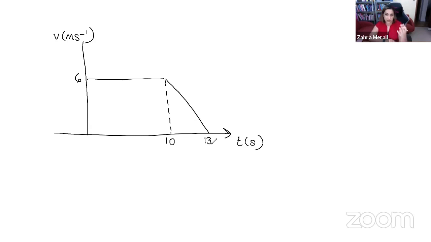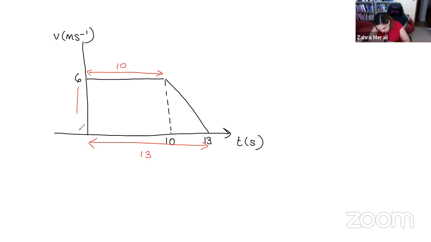Now we can do it 2 ways. We can use the area for a trapezium, which is a lot easier, and we can do it in one go. So half the sum of the parallel sides times the distance between them. So if we have a look, what are our parallel sides? We've got this side here, which is 13. We've got this side here, which is 10.